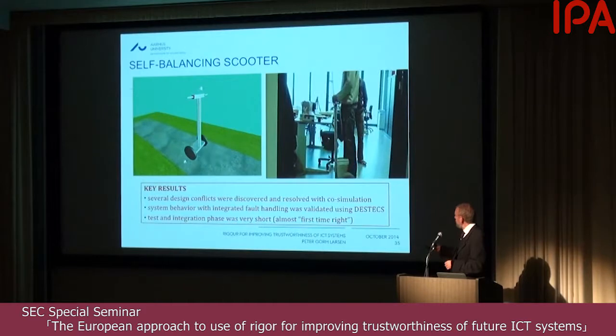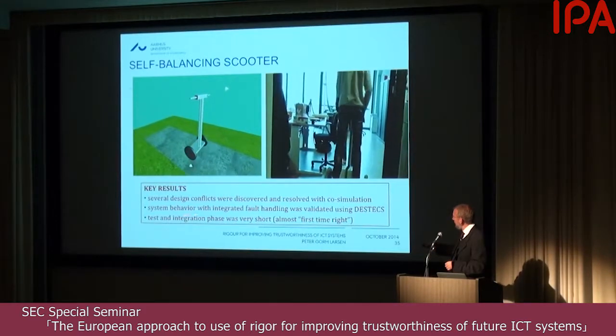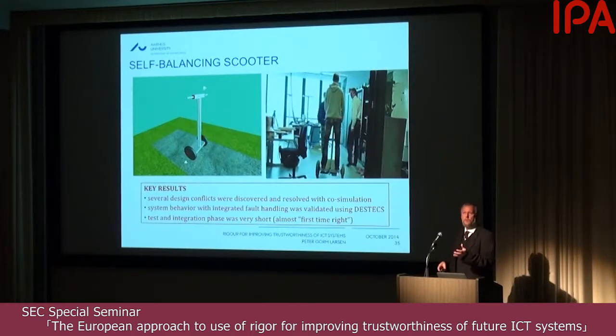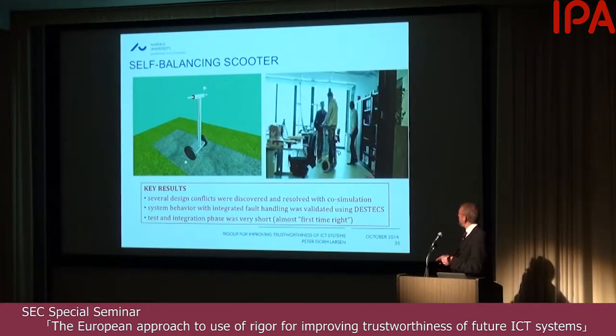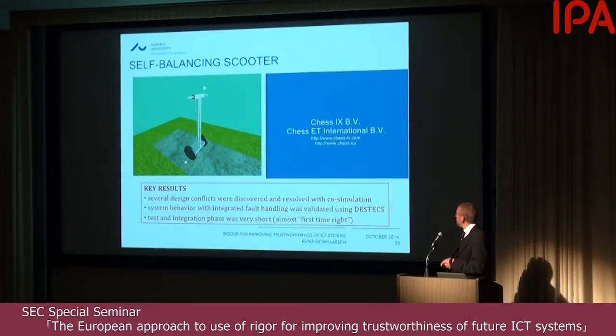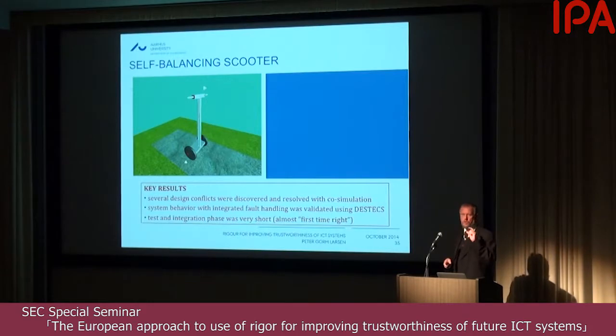And essentially, the system behavior included the fault handling. Fault handling is very important for something like this because you can have malicious users who are not using the system appropriately. And the test and integration phase was very short because it was virtually right first time.